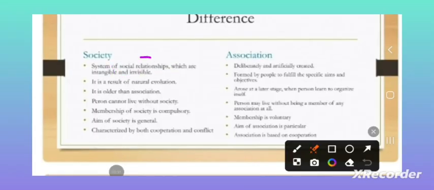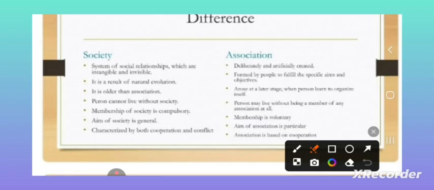Society is a system of social relationships which are intangible and invisible. It is an abstract concept. An association is definitely and artificially created, formed to fulfill specific aims and objectives.